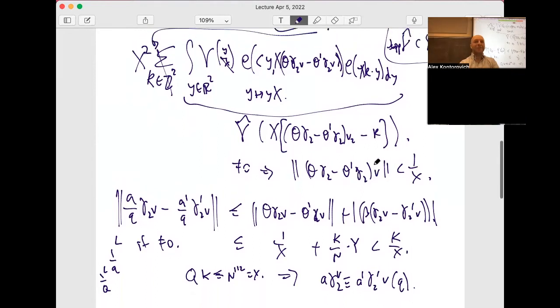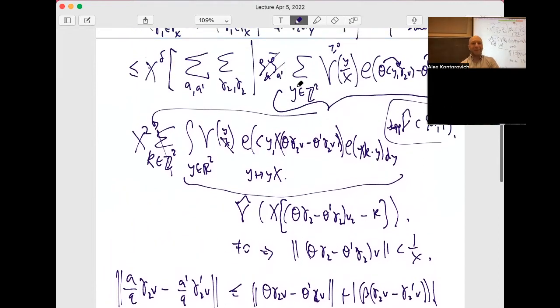Okay, that's the beauty of smoothing. Think about what we did. We have a sum over all of y in Z2 of some function times an exponential sum. And I'm telling you that this sum is exactly 0, unless this difference is very close to an integer vector. And that's what the Poisson and smoothing is allowing us to see here.